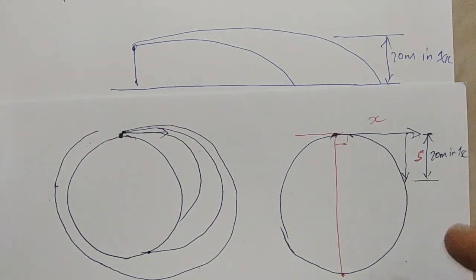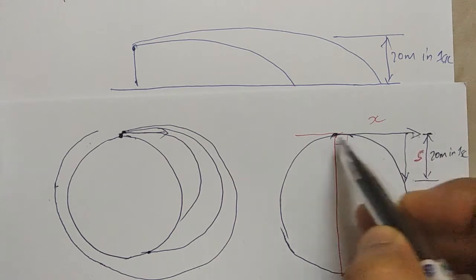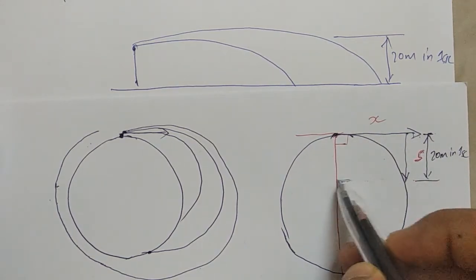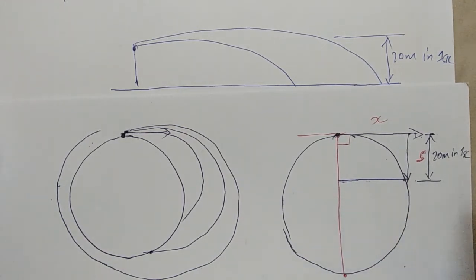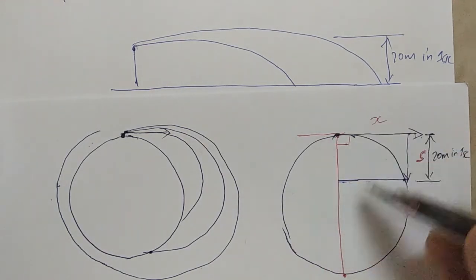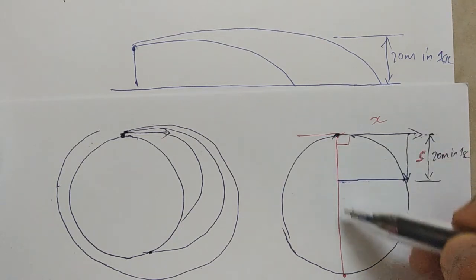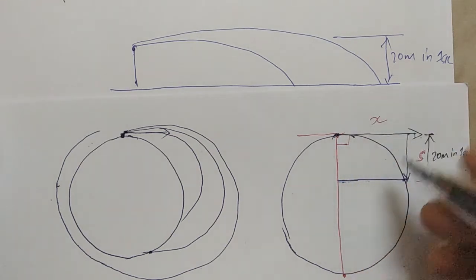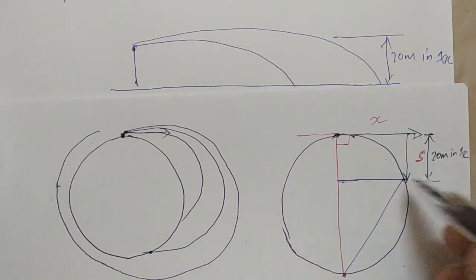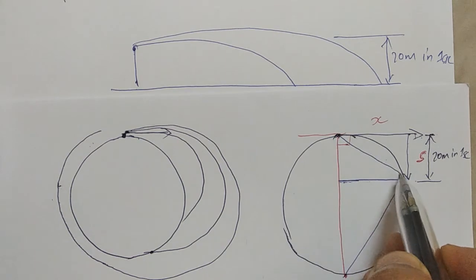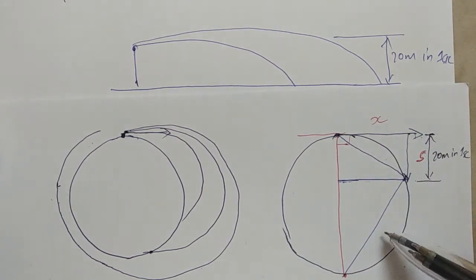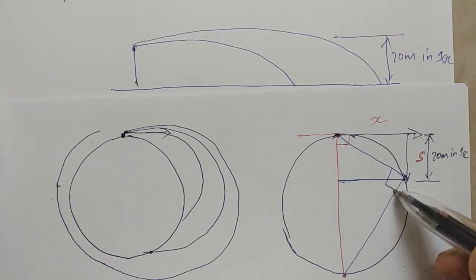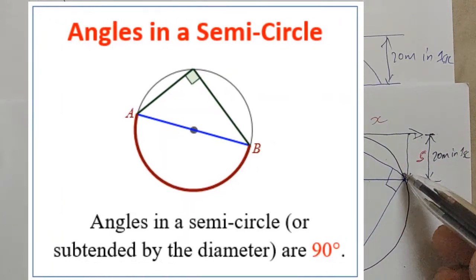Let us draw a line parallel to this velocity, that is this one. And now we can see that this is the diameter of the earth's surface, and we can draw a triangle such that the other two sides of the triangle make an angle of 90 degrees to this semicircle.